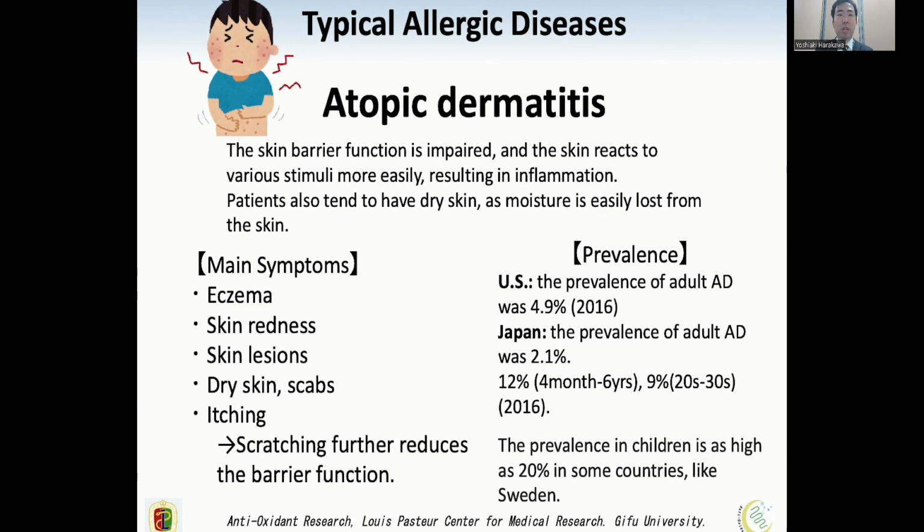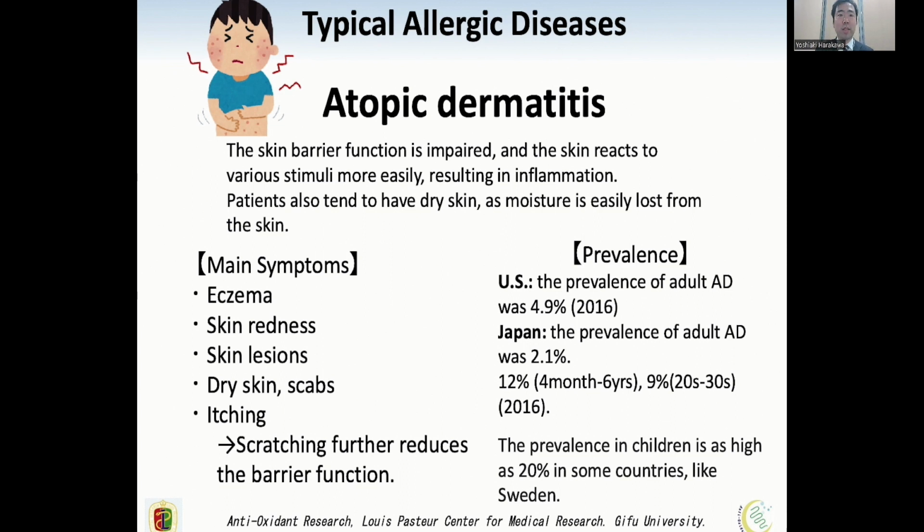The main symptoms are eczema, skin redness, skin lesions, dry skin, scabs, and intense itching. In particular, itching damages the skin, which further reduces the barrier function, creating a vicious cycle.